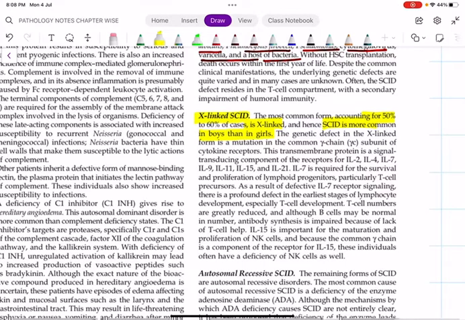In X-linked SCID there is a mutation in the gamma chain subunit of the cytokine receptors. This gamma chain subunit is responsible for the signal transduction of various interleukins: 2, 4, 7, 9, 11, 15, 21. Interleukin 7 is required for the survival and proliferation of lymphoid progenitors. So whenever this interleukin 7 receptor signal is deficient, what will happen?